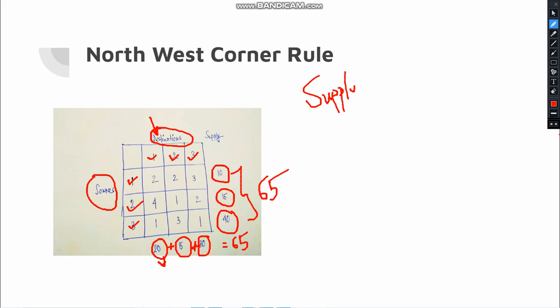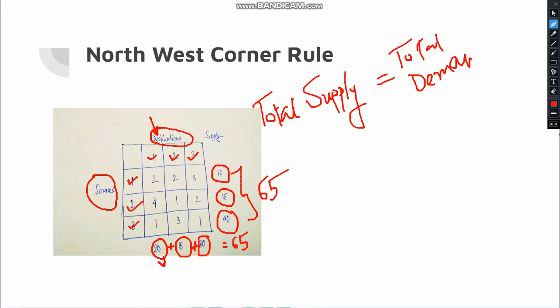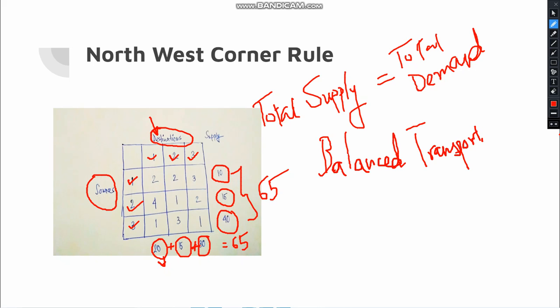So now we can see that total supply is equal to total demand. This indicates that this is a balanced transportation problem.